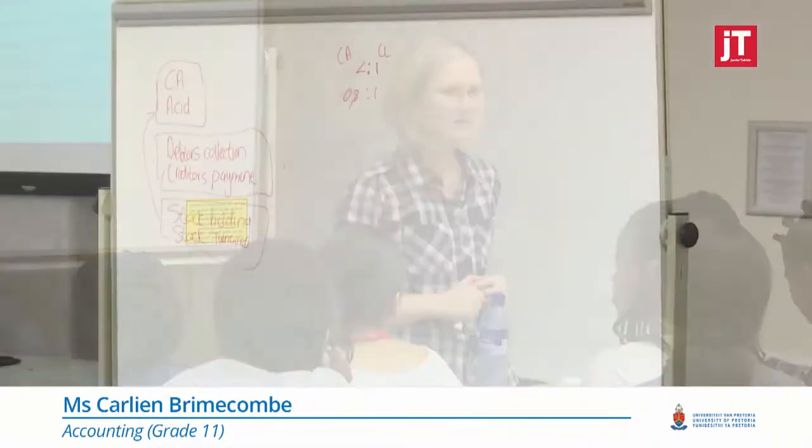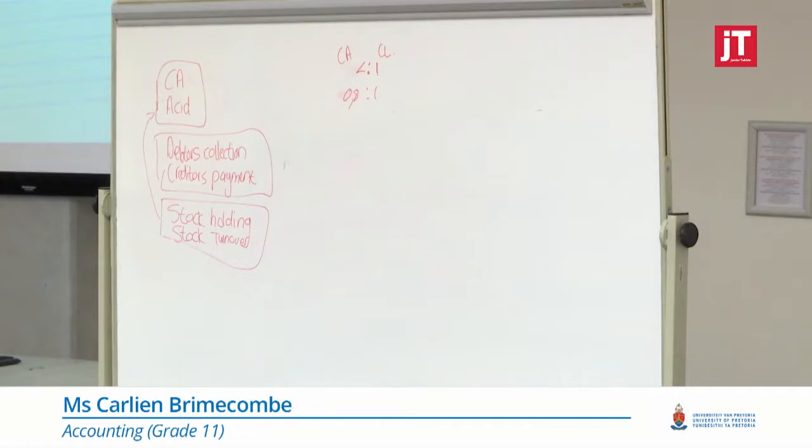Okay. Do you think that the current ratio can be too high? Yes. Why? No, forget about trading stock now. And this is why you need to know exactly how to calculate. Debtors could be too high.